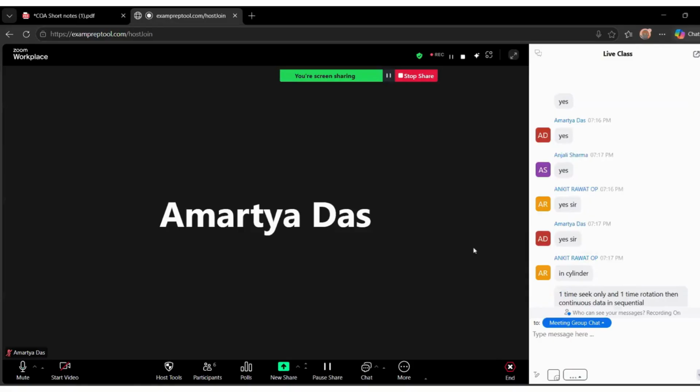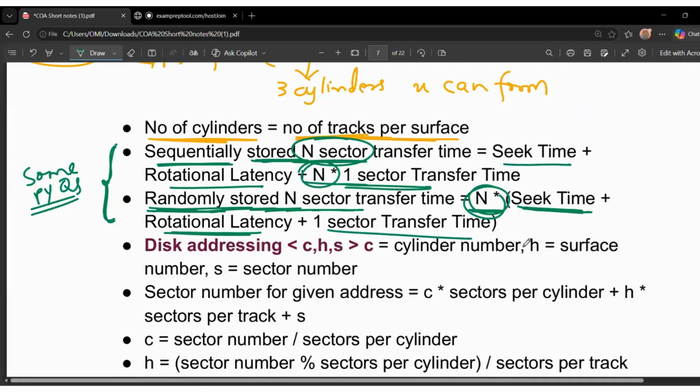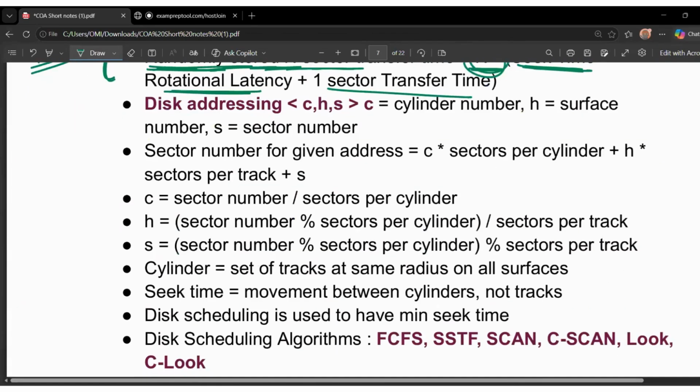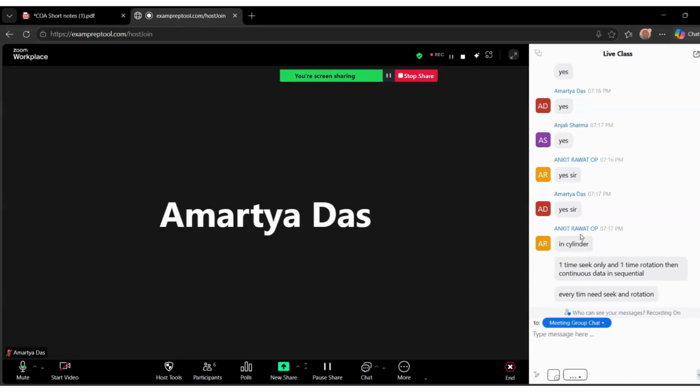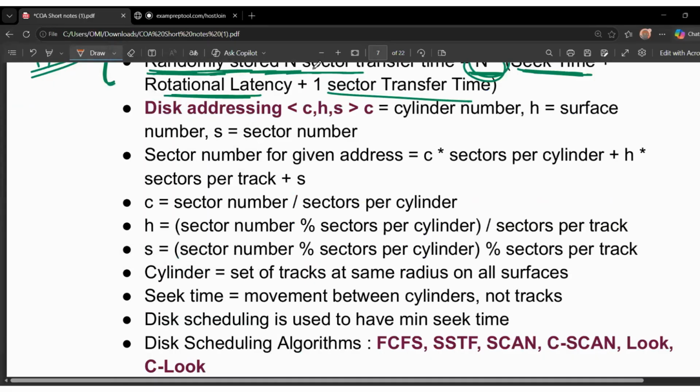Yes or no? Yes. Every time we'll need seek and rotation. Okay. So till now everything is clear. Are you able to get it?